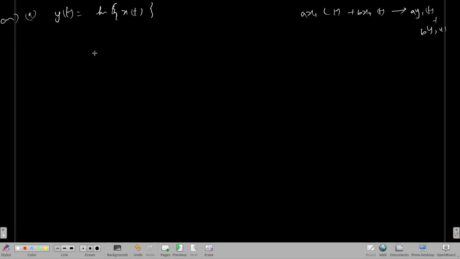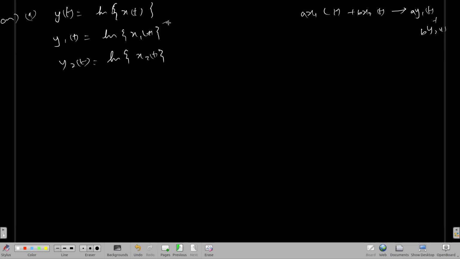But here you can directly see that y1 of t is equal to log x1 of t and y2 of t is equal to log x2 of t.